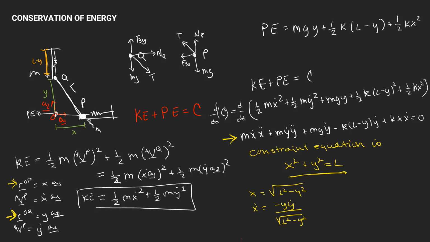And then for x double dot, we end up with negative y dot squared over the square root of L squared minus y squared, plus negative y double dot over the square root of L squared minus y squared, plus y squared y dot squared over the square root of L squared minus y squared to the third.